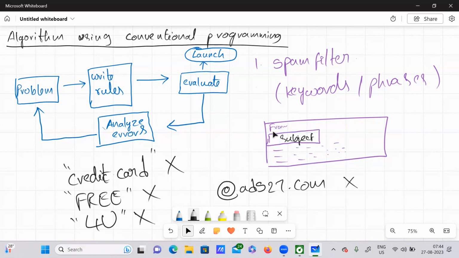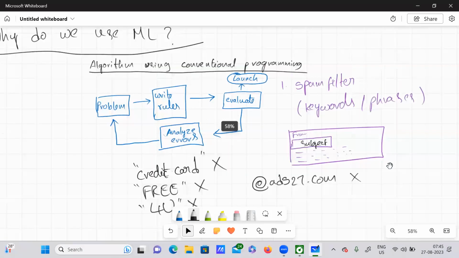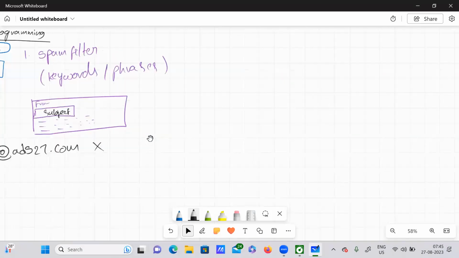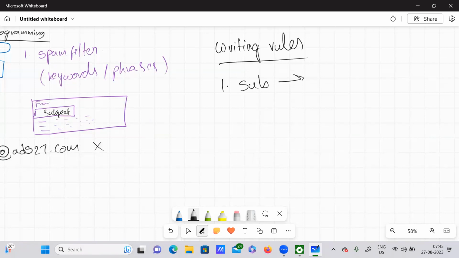So here we are actually writing a program for each pattern. For example, now I want to write the rules. See here how I am writing my rules. The first rule is, if the subject has the keyword, maybe credit card, then consider it as spam.